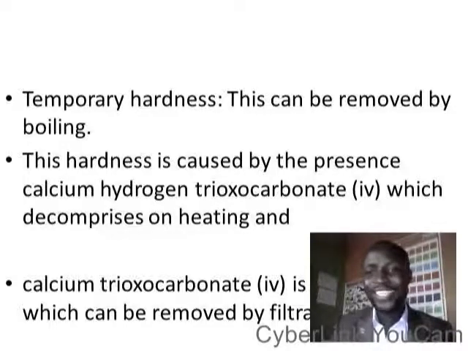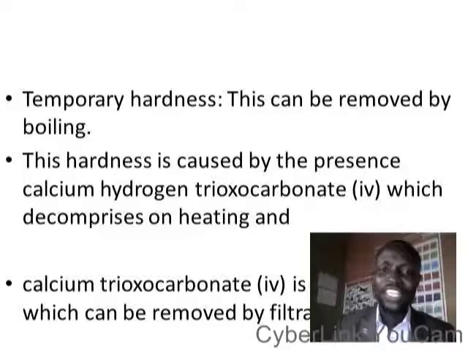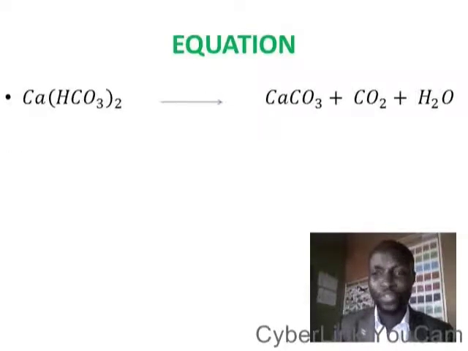One of the salts is calcium hydrogen trioxocarbonate(IV) or magnesium hydrogen trioxocarbonate(IV). Now, after decomposing it, one could filter out the calcium trioxocarbonate(IV) and the other ones will be used.